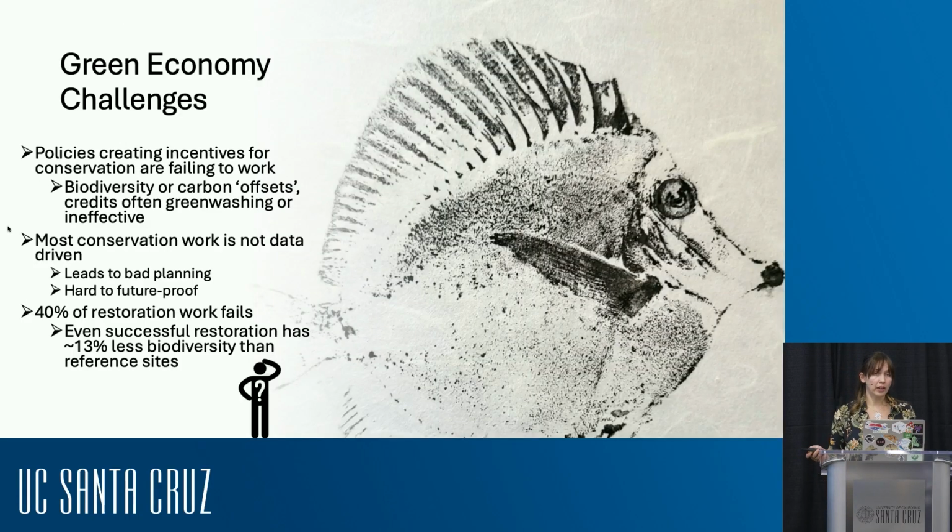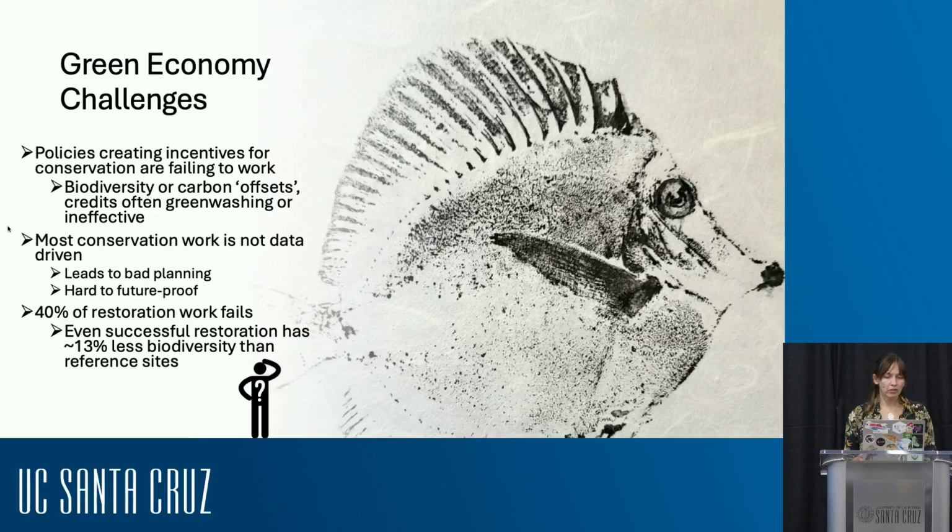So we need to have a green economy. And there are many challenges to making a green economy work. We have policies that create incentives for conservation that are failing right now. And that's partially because biodiversity or carbon offset credits are often associated with greenwashing, and sometimes even when they're not intentionally greenwashing, they're ineffective.